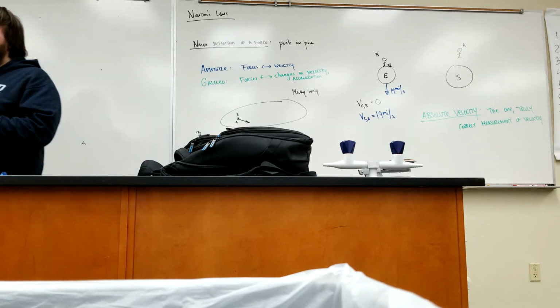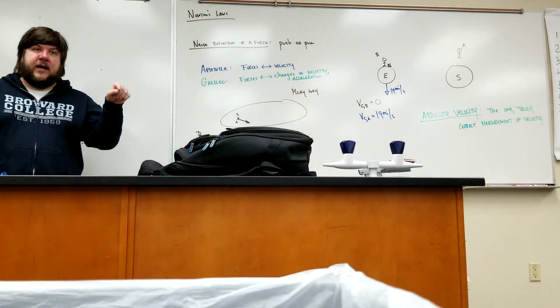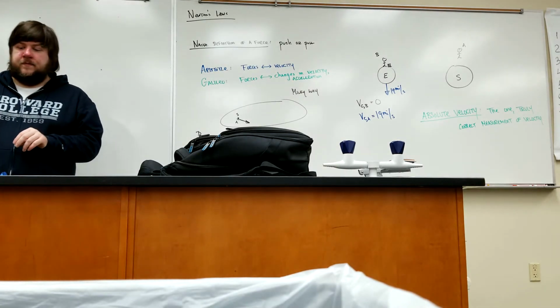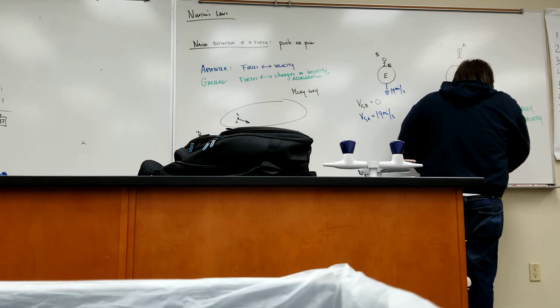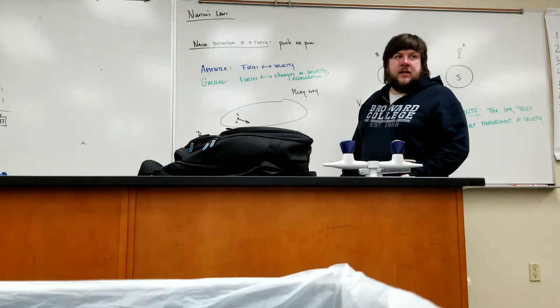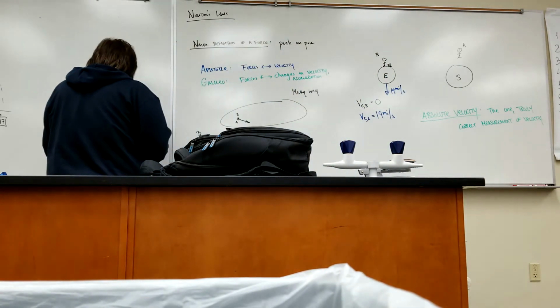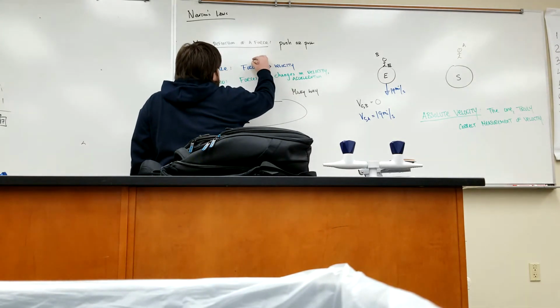This new thing we call inertia. Inertia is the fundamental quality of an object that maintains its current state of motion. So Aristotle's concept of force is actually our modern concept of inertia.